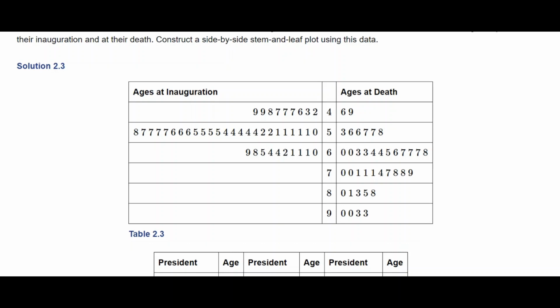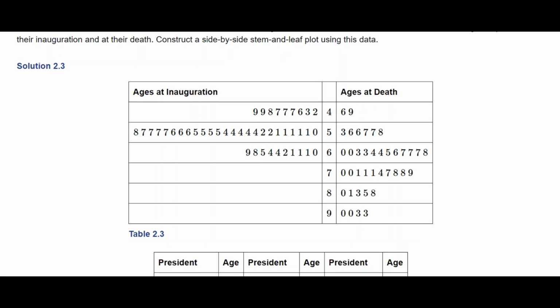in which the stem can provide information about two entities, one at the right and one at the left. In this case, we are talking about the ages of US presidents at the time of their inauguration and at the time of their deaths. In the left column, we look at all the leaves associated with the stems, which is in the narrow column in the middle.